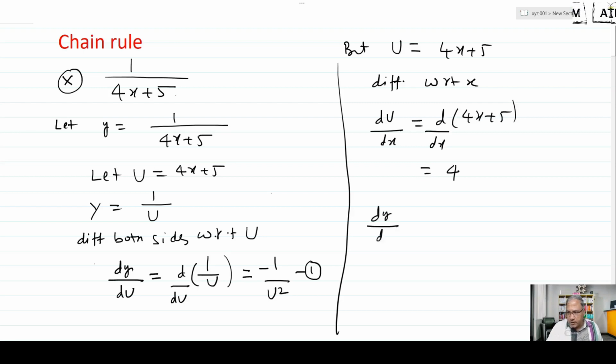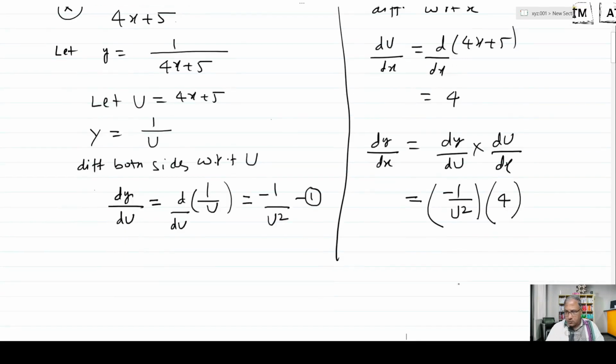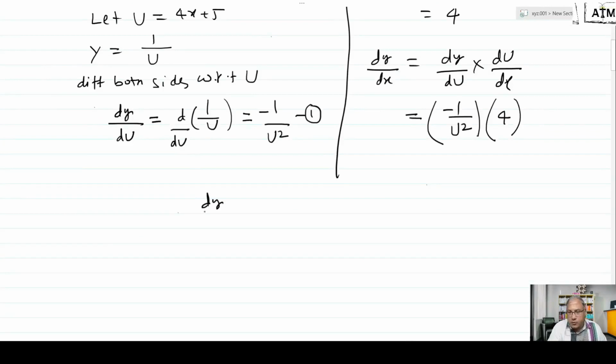Now dy by dx equals dy by du into du by dx. dy by du is nothing but minus 1 upon u square and du by dx is nothing but 4. Therefore, dy by dx equals minus 4 upon u square.